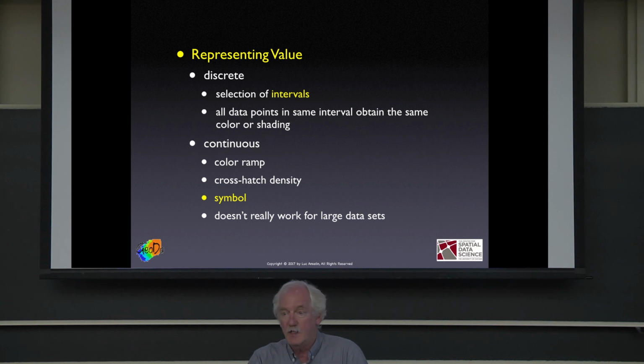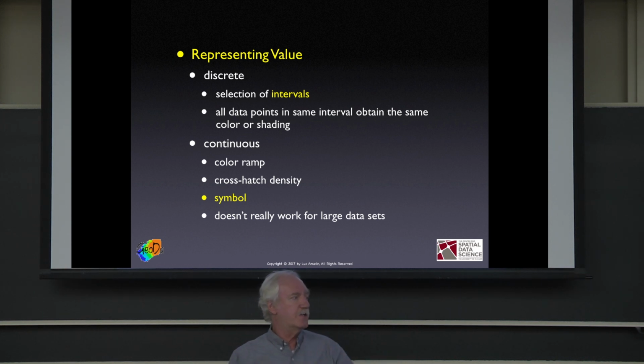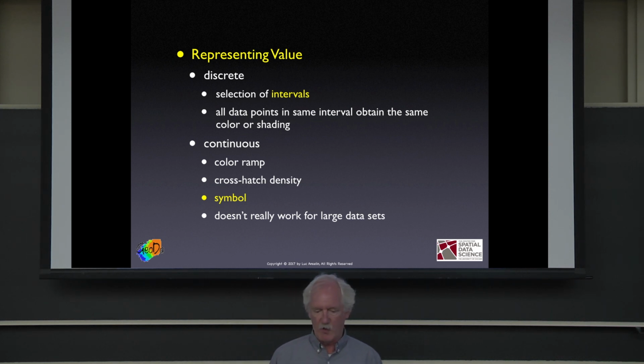So then an alternative is to use symbols. So you still have your map. Let's say we would have a US county map, but instead of using a color ramp or something else, we would put little bars on the counties. And so the larger bars are higher values, the smaller bars are smaller values.